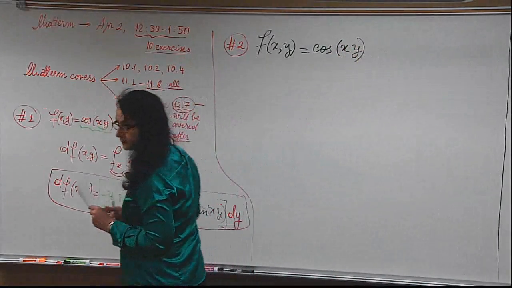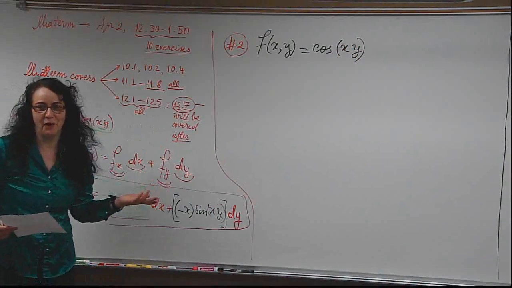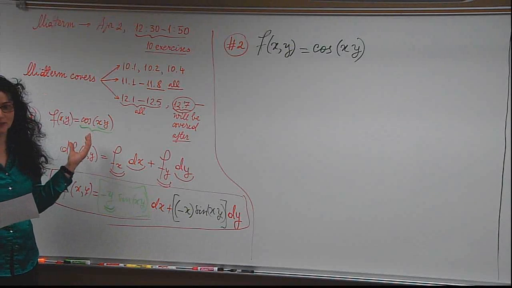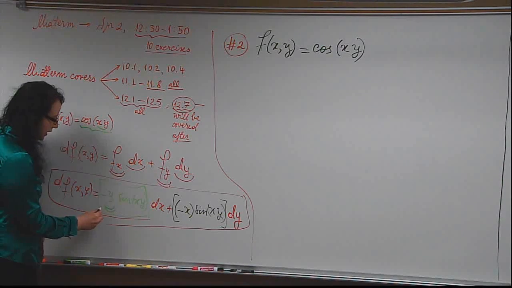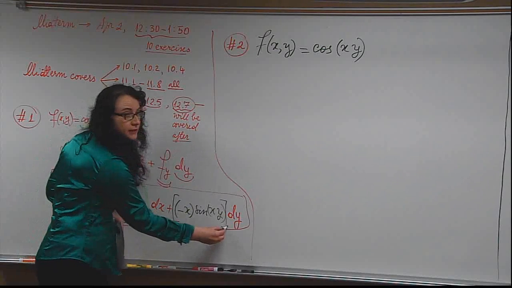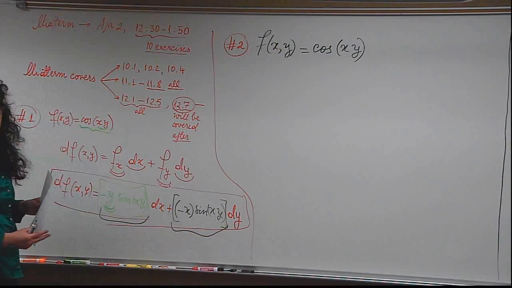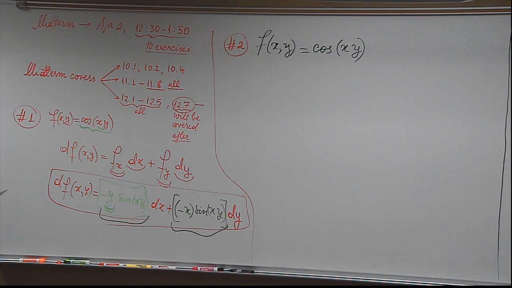What do you see? I have already prepared you for this problem because it's the same function as before. You have computed f sub x and f sub y already. That should be helpful when you write the directional derivative.